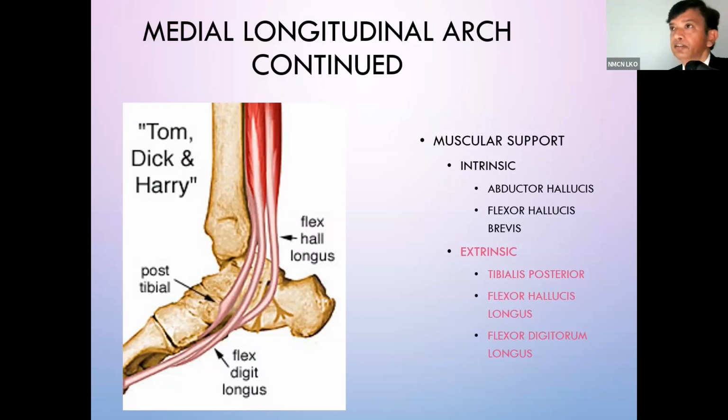And then support of the longitudinal arch from the medial side. So the extrinsic muscles are the tibialis posterior, flexor hallucis longus and flexor digitorum longus. All these three tendons go down and attach to the tarsals, causing string-like support to the arch from the medial side.